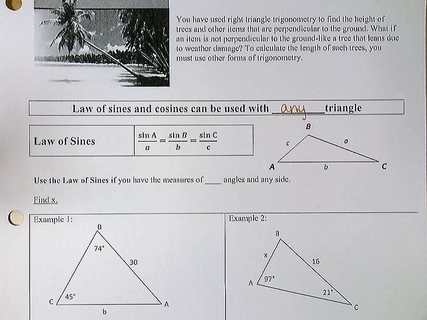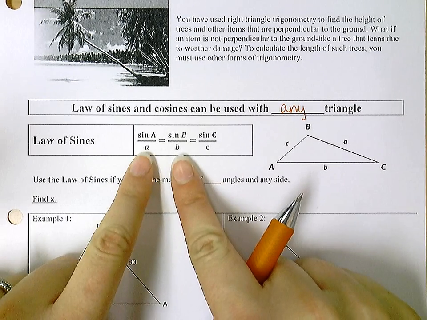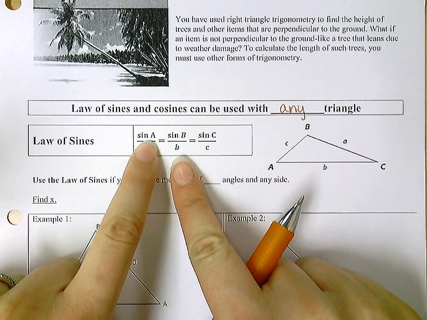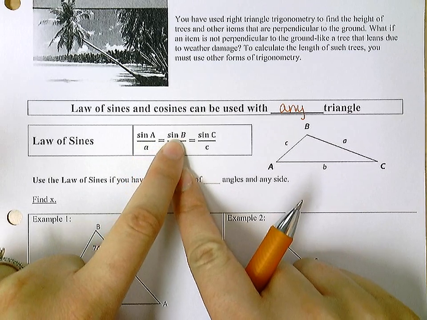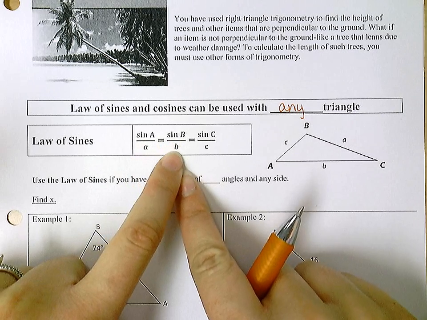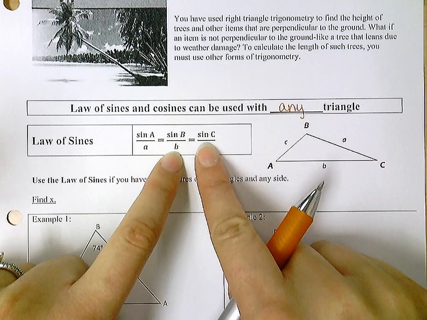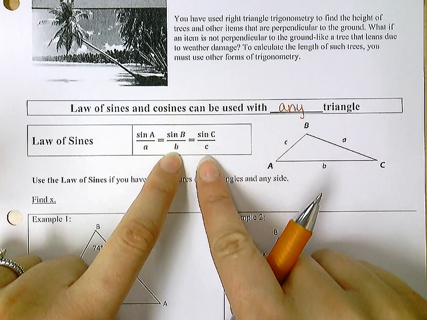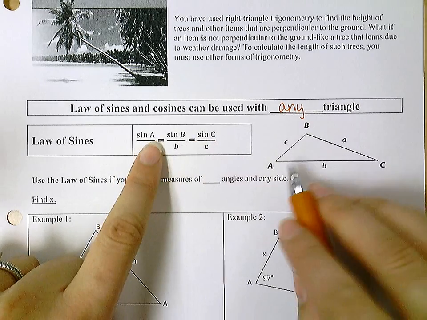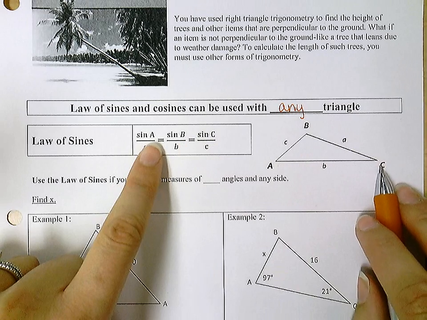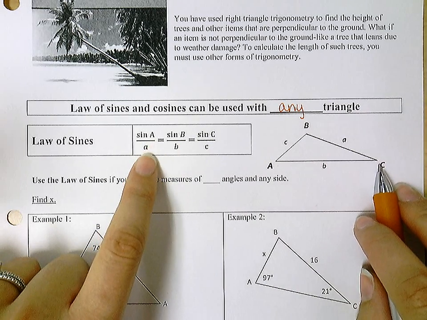The law of sines are these ratios here. We have sine of angle A over lowercase a, equal to sine of angle B over lowercase b, which is the same as sine of angle C over lowercase c. These uppercase letters are always your angles, and the lowercase letters are the sides.